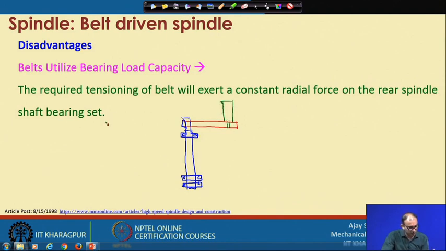The motor is providing the drive. The first thing we have to make sure is that there is no loosening of this belt. For that, we have to stretch this belt correctly.